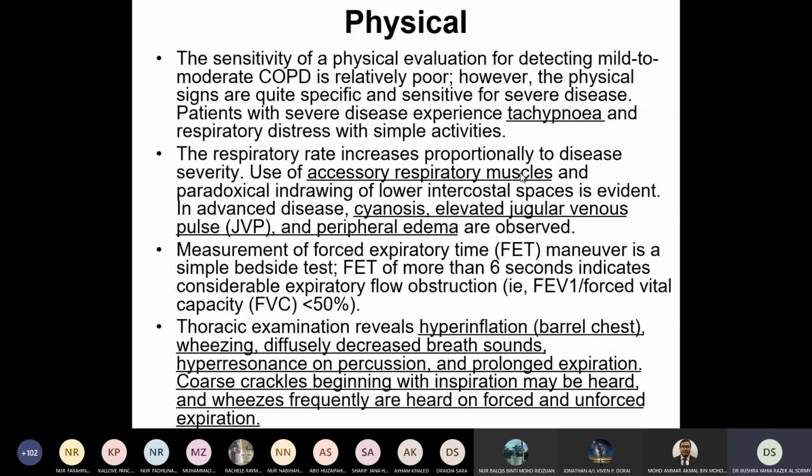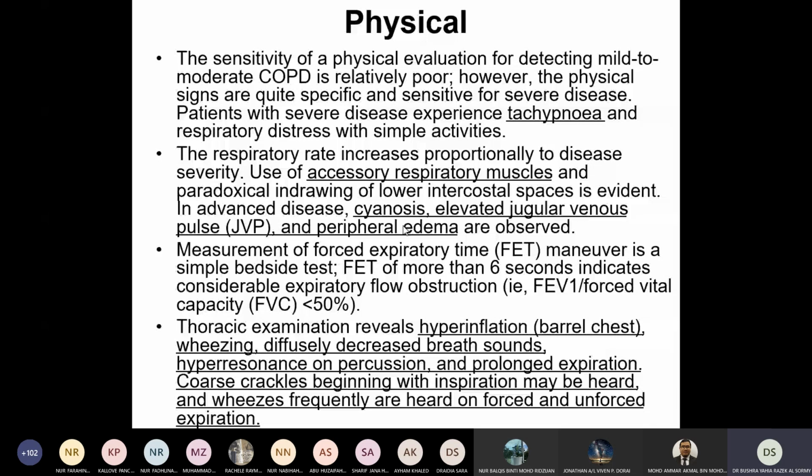Why is the jugular venous pulse elevated? Due to what? Right heart failure. Yeah, because of right heart failure. This is in severe cases. And peripheral edema is observed. This is in severe or complicated COPD, where they develop cor pulmonale.